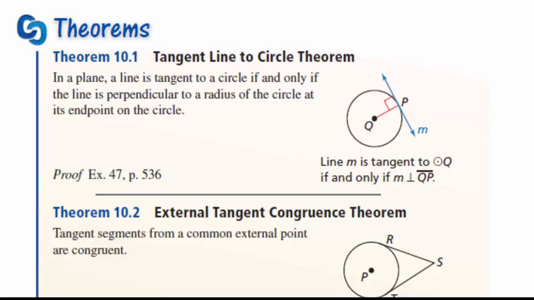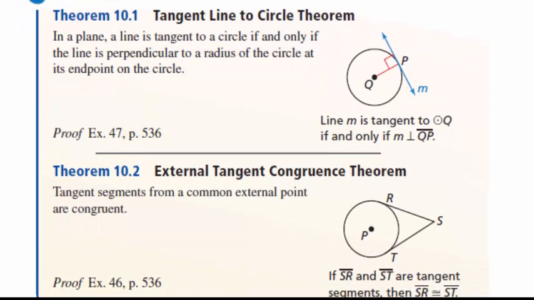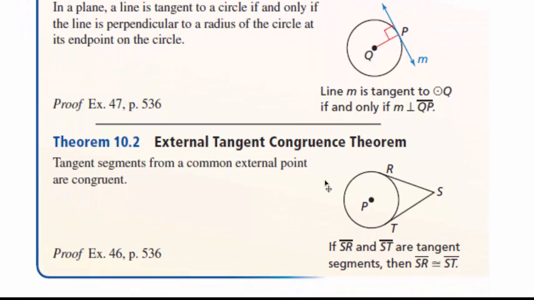So there's a couple things that happen when we have tangents. Tangents are kind of neat. When we have a tangent to a circle, it has to meet at a 90-degree angle. So guaranteed 90-degree angle right here. Always, for every tangent. The second thing that we have is if we have the tangents going to the same point.